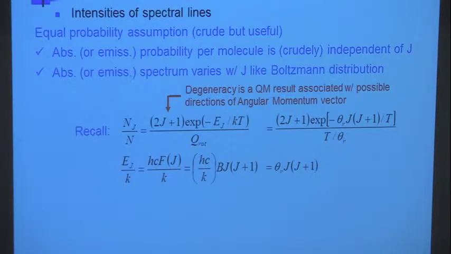Now, since we generally don't have an applied field in the problem, we just have to count this as the number of states which have the same energy. We can't distinguish those, so we have to count them in the statistics. Statistical mechanics is all about statistics. In quantum mechanics, you have to keep track of the statistics.